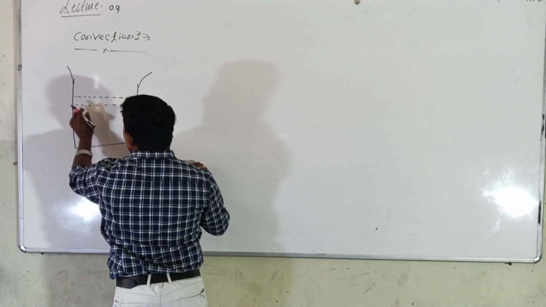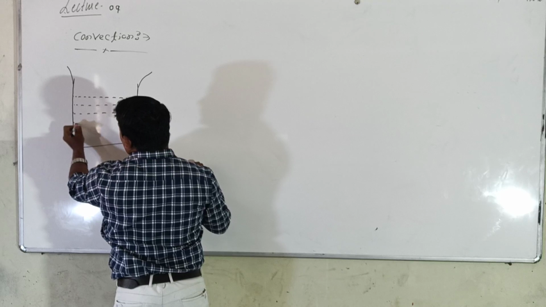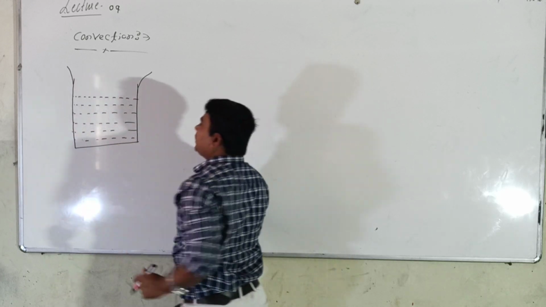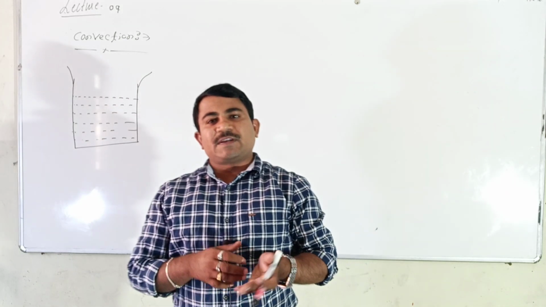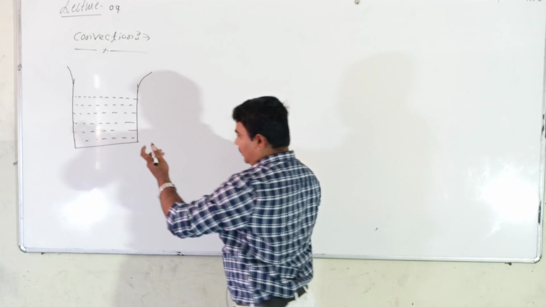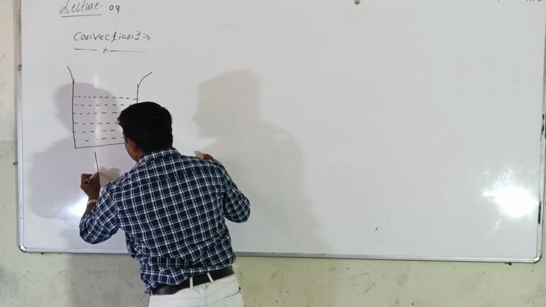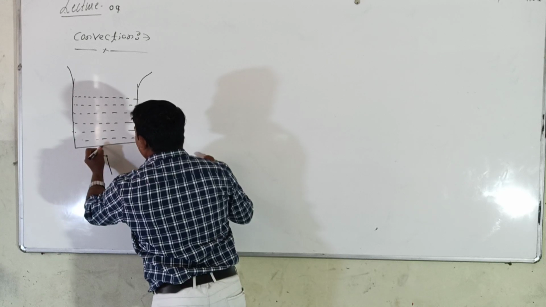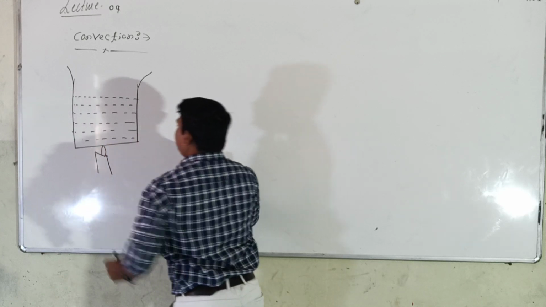This is the level of liquid in the beaker, or in the vessel. To this liquid, I want to provide the heat source. Here I want to provide the heat source.